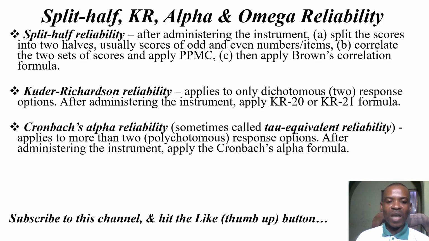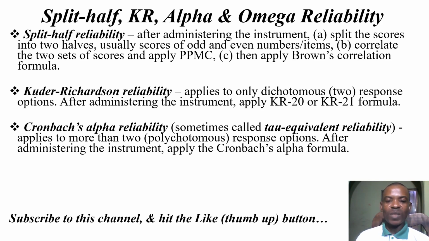Now, the next type is Cronbach's alpha. This has been widely used in research. Cronbach's alpha is sometimes called the tau equivalence reliability. It is applied when you have a response option that is more than two, that is, a polytomous response option. For instance, strongly agree, agree, disagree, and strongly disagree. That is a polytomous response option.